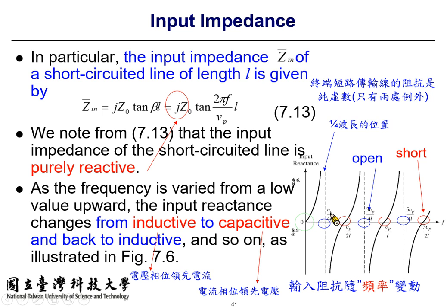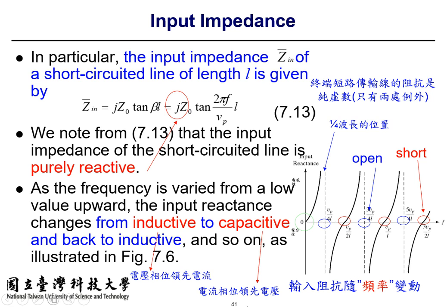Okay. Then we can tell that half of the time, or half of the frequency, the Z-in, the reactance of the input impedance, is positive. It stays on the upper half of the complex plane. On the other frequencies, the input impedance stays on the bottom half of the complex plane.